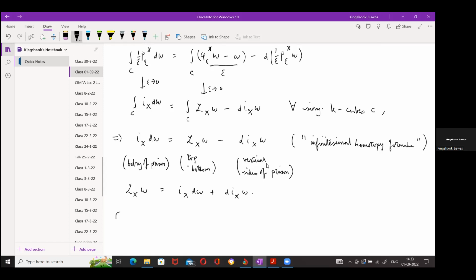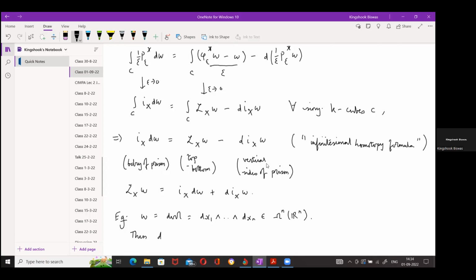For example, if omega is equal to d vol, which is dx1 wedge through dxn in Rn, then what happens to this formula?